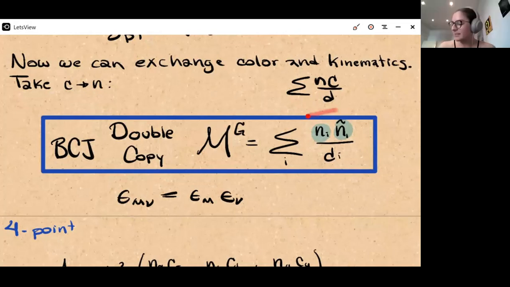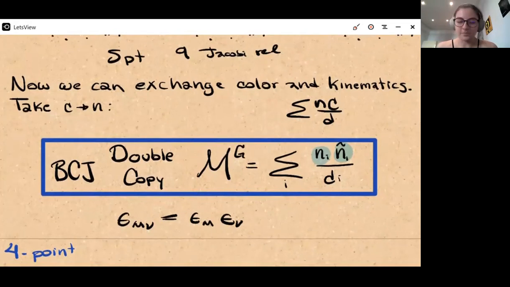So every time I refer to gravity now, it's always the full package, and the duality holds for the whole thing. Probably another important thing to mention is that so far what I showed was the KLT double copy at tree level, and this is also the expression for tree-level amplitudes, but you can actually do the same for loop amplitudes.